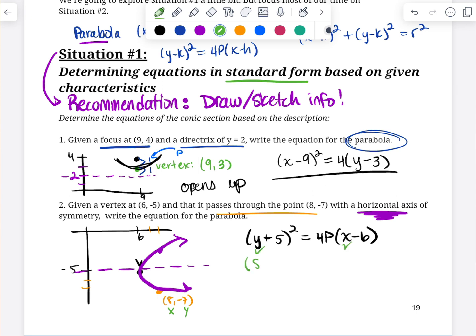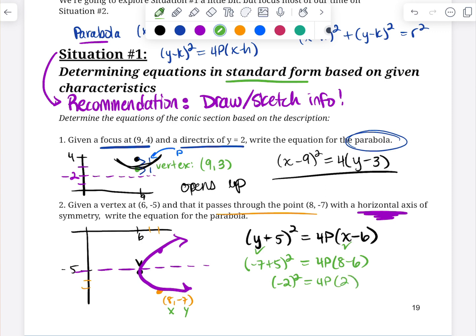So that means I'd have 8, oh wait, sorry, -7 plus 5 squared equals 4p times 8 minus 6. Okay, so that's -2 squared equals 4p times 2.